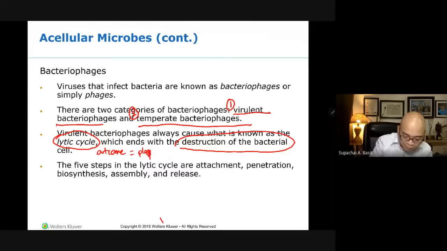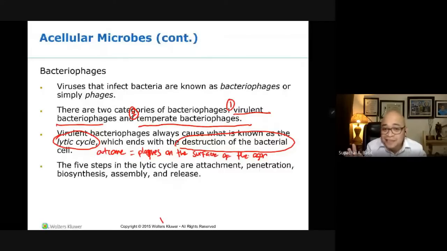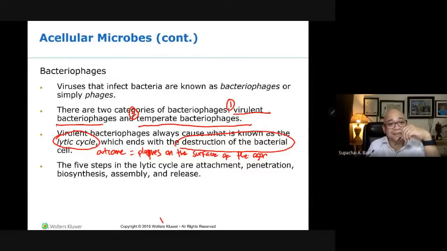It is actually visible as plaques on the surface of the agar. I think I've shown you the picture last time from our research. There are plaques on the surface of the agar. It's a manifestation that the bacteria were eaten by the viruses, literally eaten by the viruses.